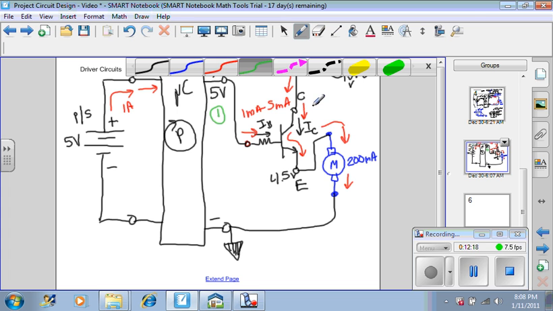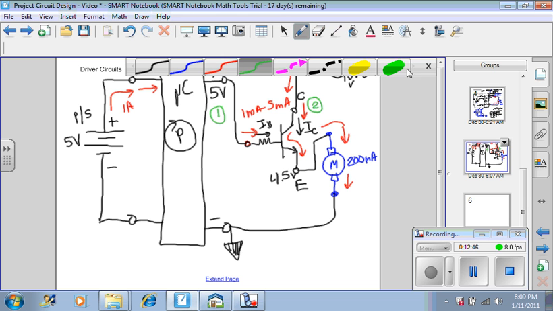Step number 2, because the base is turned on, the collector is turned on. The collector passes current through the transistor to the emitter with very little voltage drop between the collector and the emitter, and now that current is allowed to flow at a much higher level through another component.